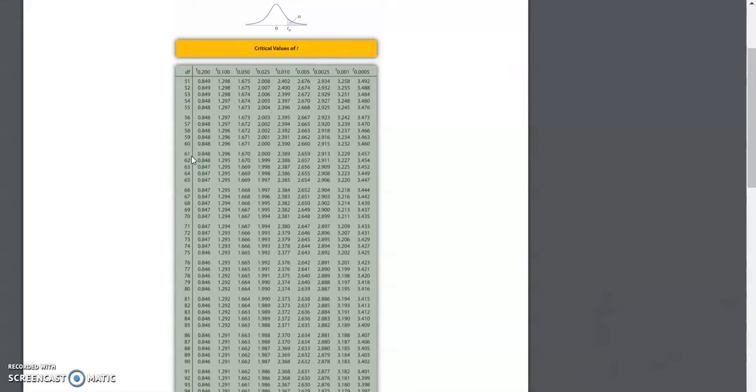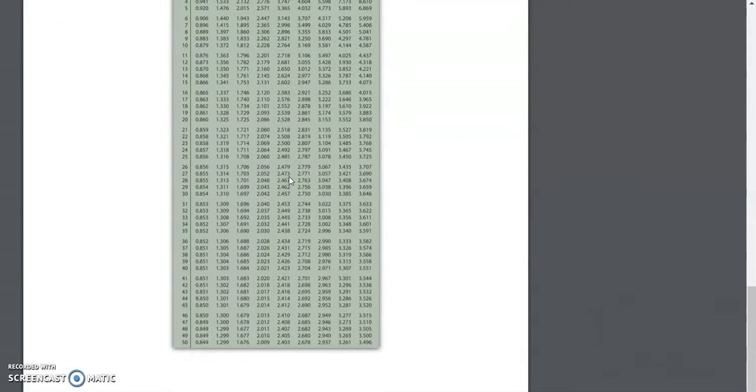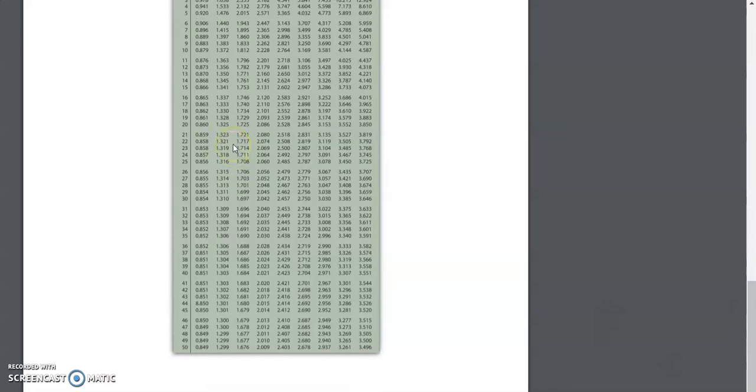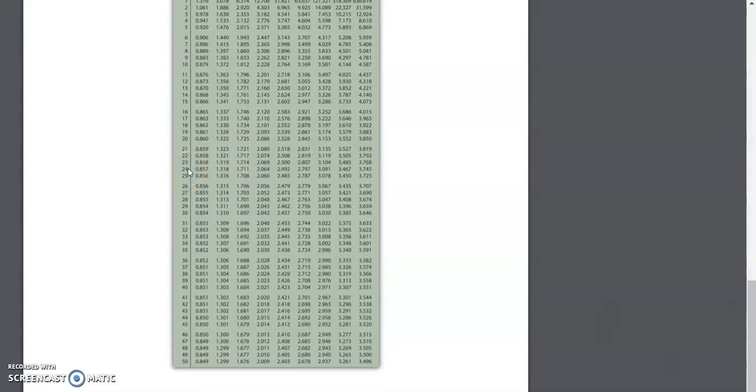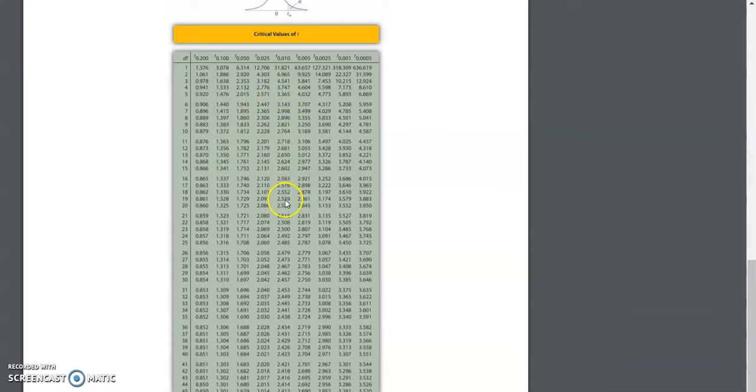Since we're looking for 24 degrees of freedom, we scroll down. I find 24 right here, and then I go across to see what that 0.01 is, looking for 24, and I get this value here, 2.492. Now we're going to slide right back to our notepad and finish completing this problem.